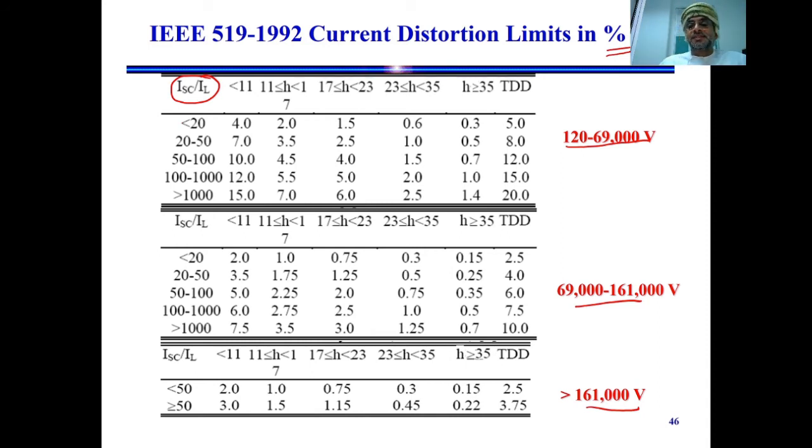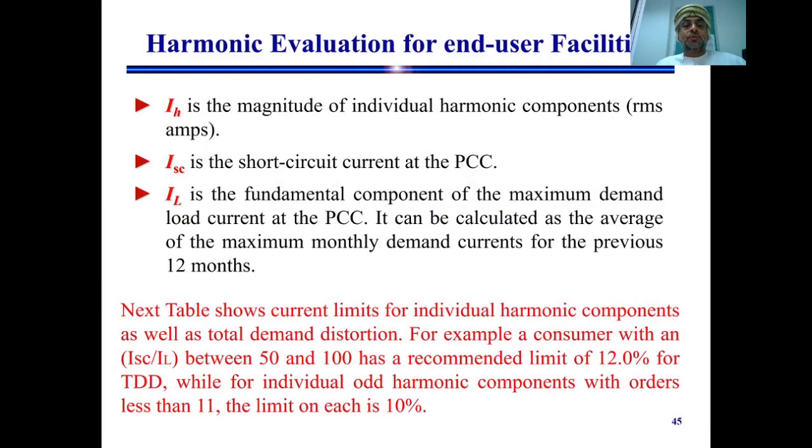So if we have a certain system, we have first of all to check the system voltage, then check the ratio between the short circuit current and the maximum current, and then we can determine what the total demand distortion limit will be.